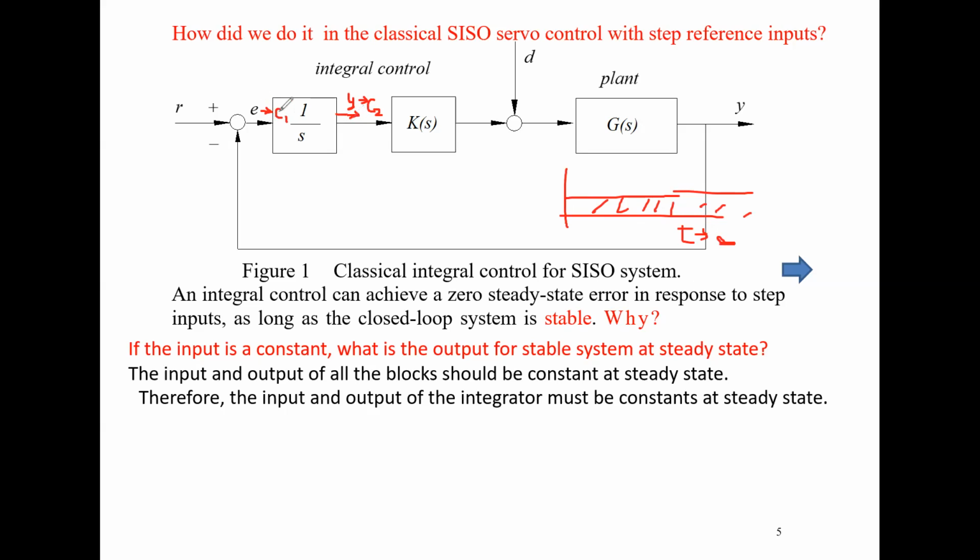So therefore, it cannot be a non-zero constant. If it's a constant, it has to be zero. Is that clear? Right? So that's the magic power of the integrator. It has this special property that at the steady state, where all the signals settle down to a constant, it's guaranteed that the input to the integrator will be zero. Okay?